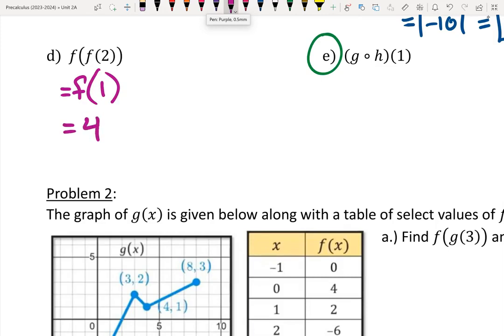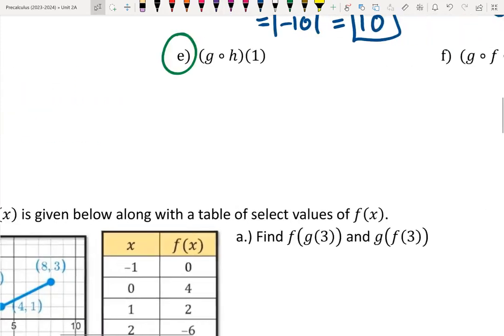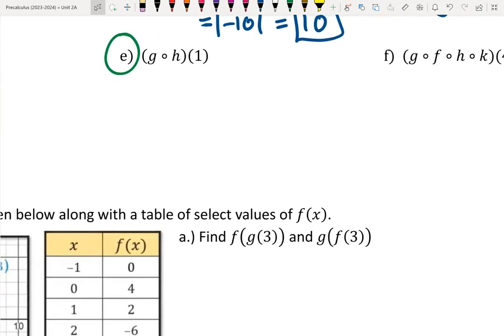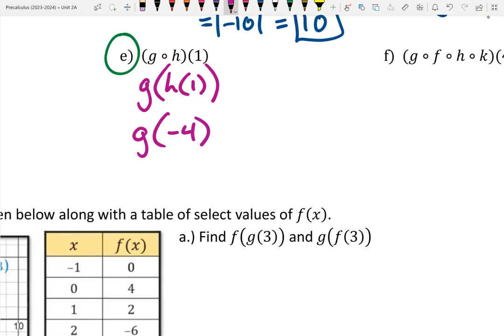How did we do on D, guys? Do good? All right. E. Adriana, help me with E. That equals pi. Good. Did we all get pi?